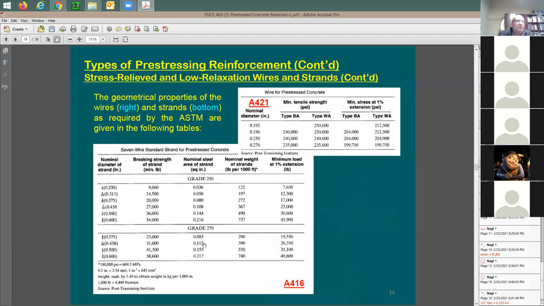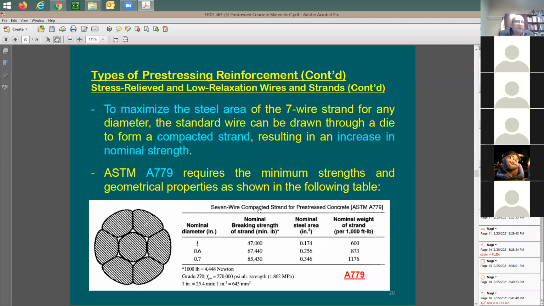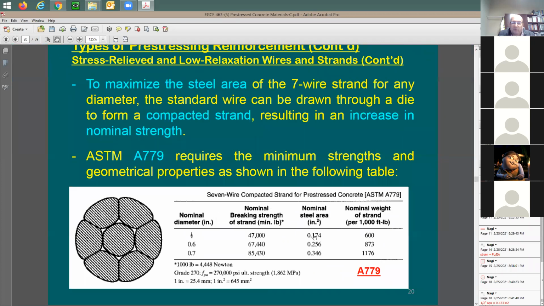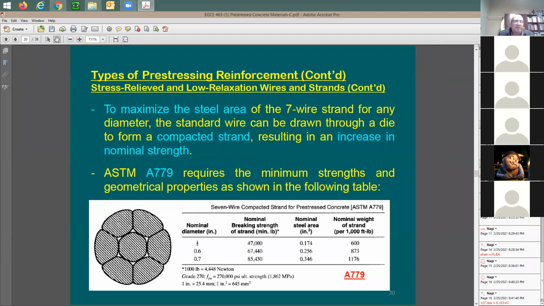This is why there is another type of strand that after they're done with it, they start to put pressure on it. They compress it. You want to compact it all together. And look what happened here for 1/2 inch. Look at the cross-section area. It becomes 0.174 instead of 0.153, but for that, you're going to be using a different ASTM designation.